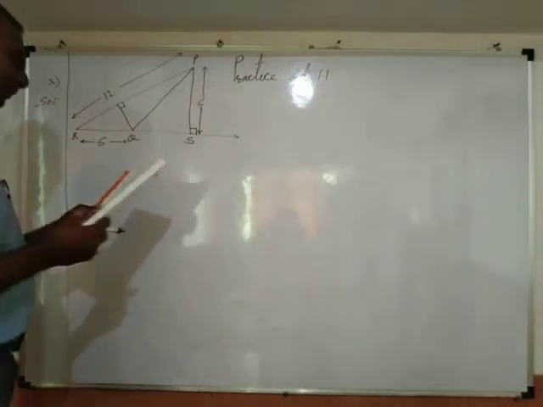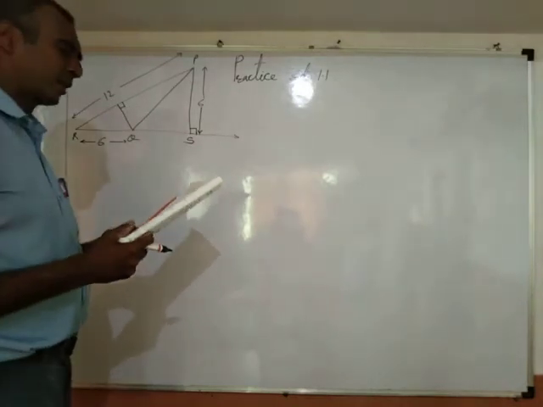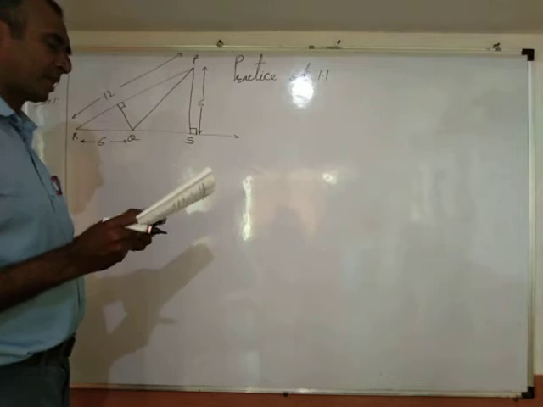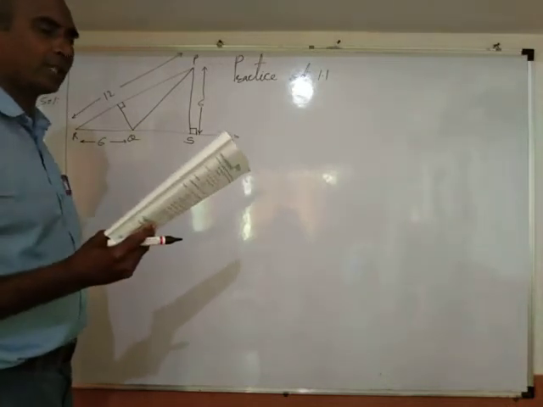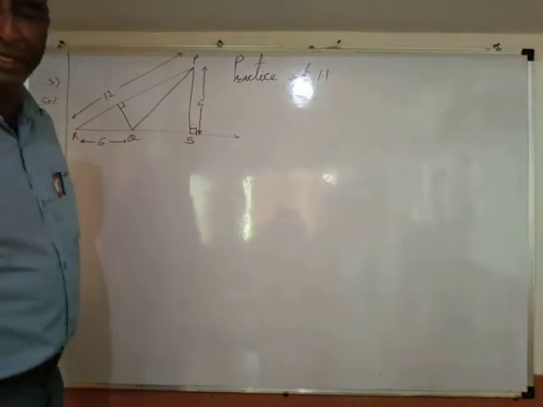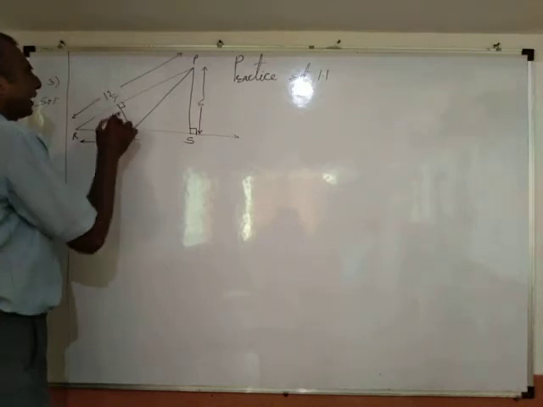Question third. In adjoining figure, seg PS perpendicular seg RQ, seg QT perpendicular seg PR. If RQ equals 6, PS equals 6 and PR equals 12, then find QT. We are interested to find QT.